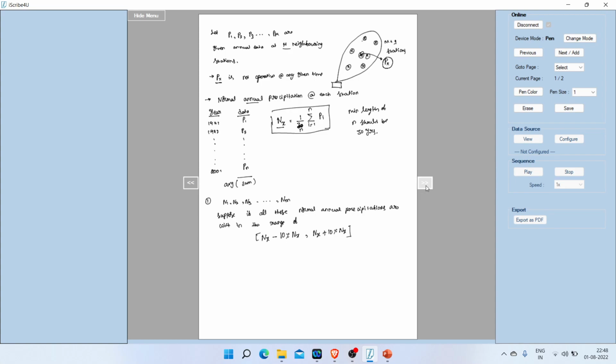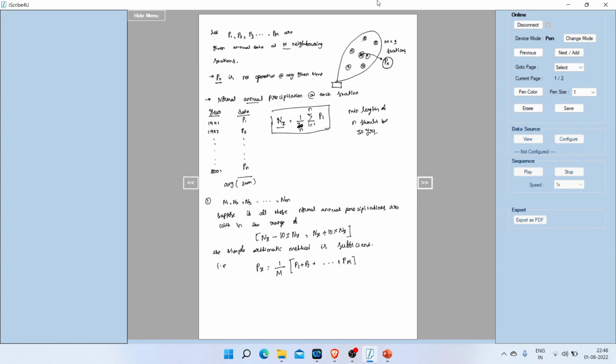If all these normal values of neighborhood stations fall in this range, then the simple arithmetic method is sufficient. That is, Px equal to 1 by m times P1 plus P2 and so on up to Pm.